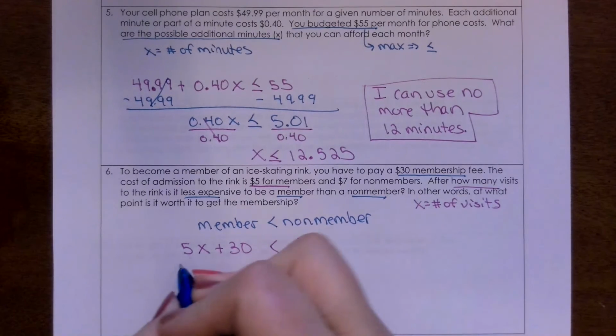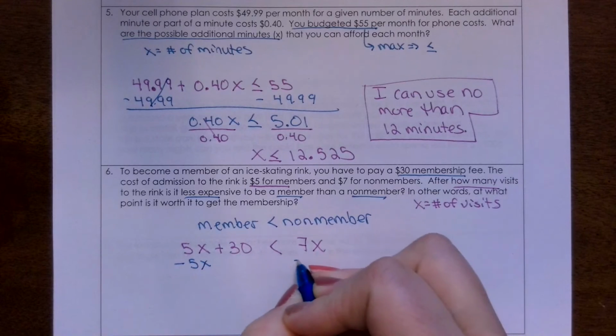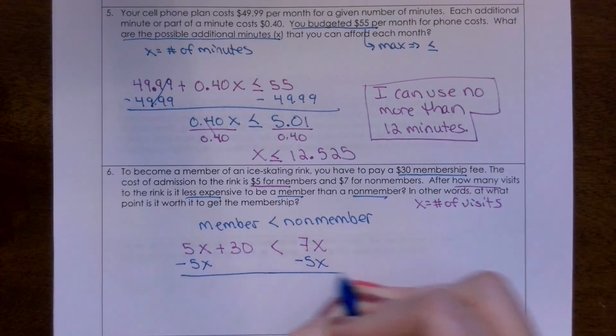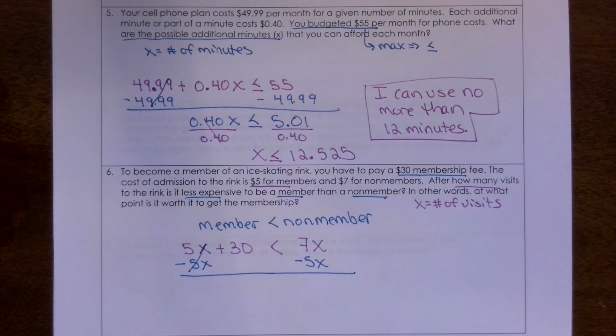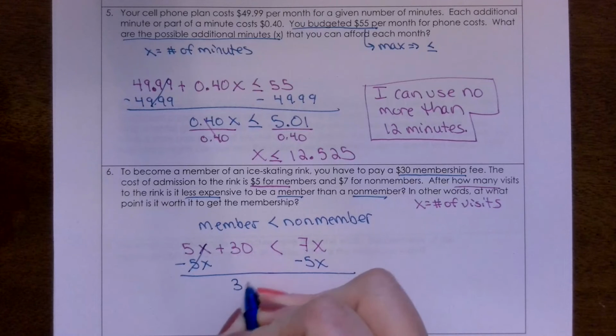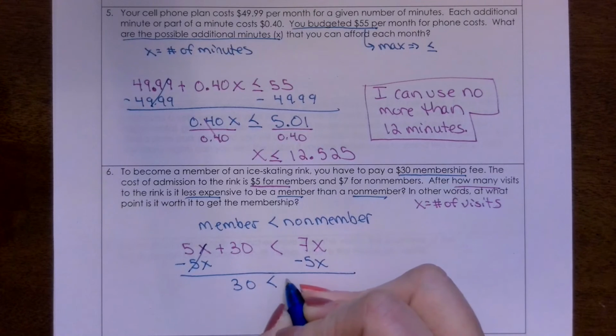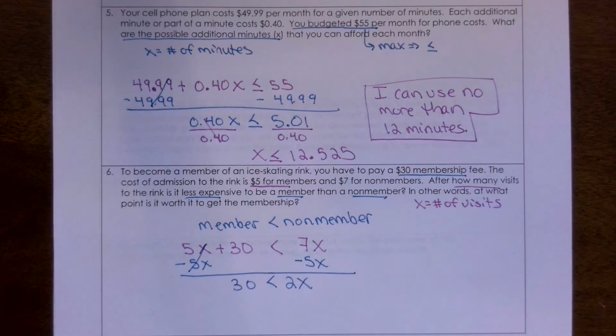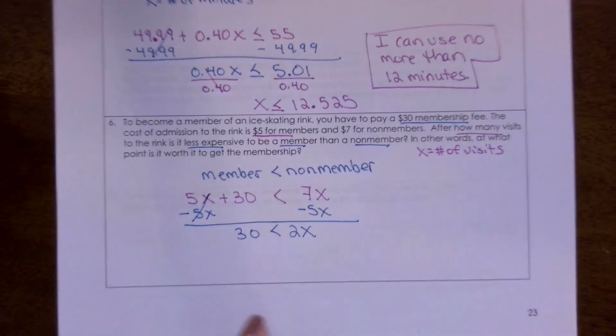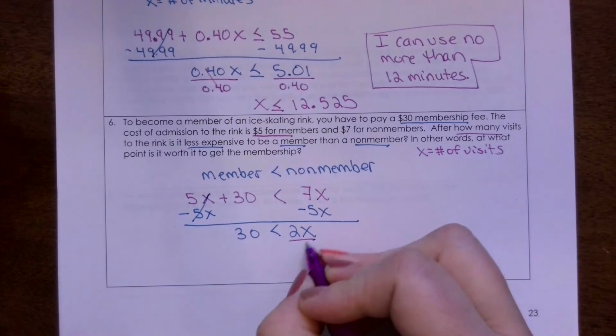In this case, I am going to subtract 5x from both sides, so my x's are all together. And I have 30 needs to be less than 2x. And I'm not using less than or equal to because I don't want it to be equal. I want it to be less expensive.